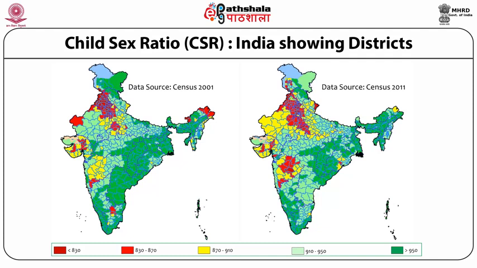What you see at the state level is an aggregate, but at the district level you will find that even parts of Madhya Pradesh and parts of Uttar Pradesh show deep red drops, which means ratios of 830 or even much less than that. You will also see some improvement in Gujarat, and a very sharp drop in many districts of Rajasthan as well as in Maharashtra.